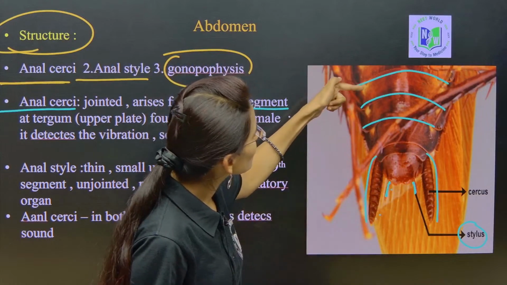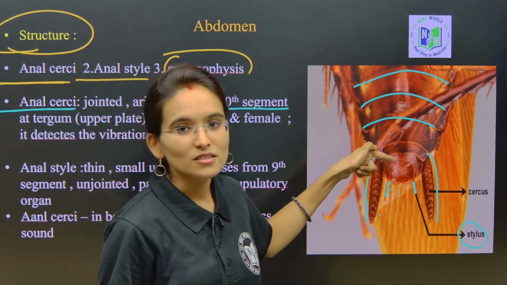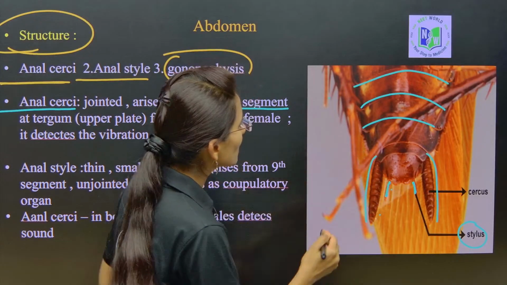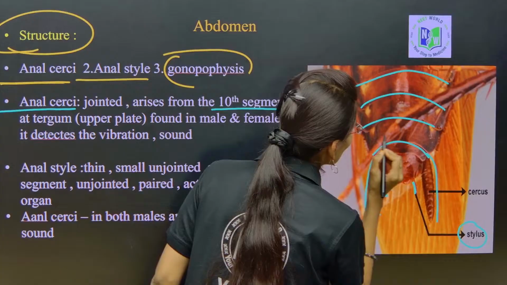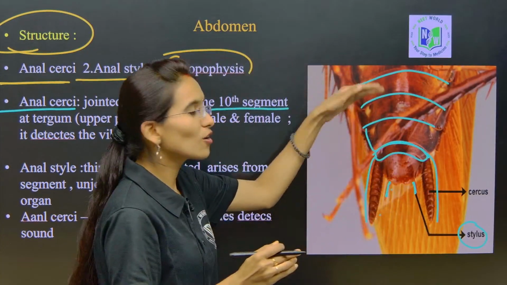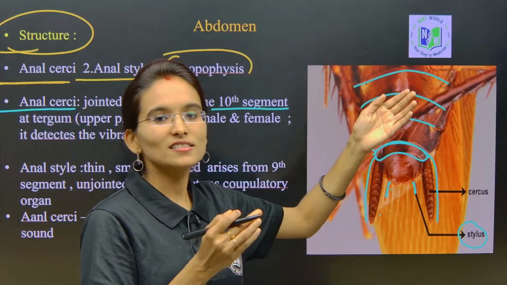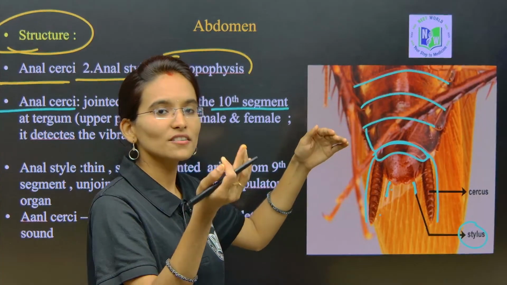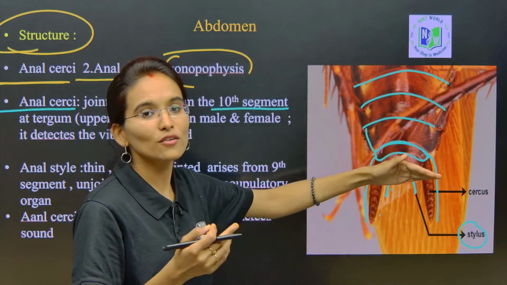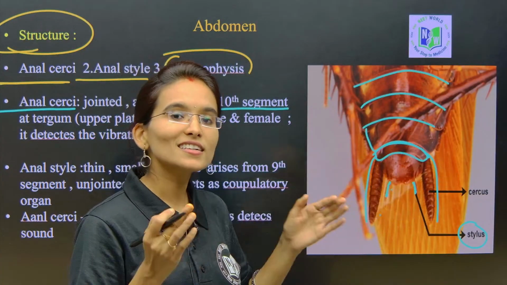So these are all the abdominal segments, and the last one will be the 10th segment only. The remaining segments are like 8, 7, 6, 5, 3, 2, 1. So the last segment of the abdomen will usually be the 10th segment.